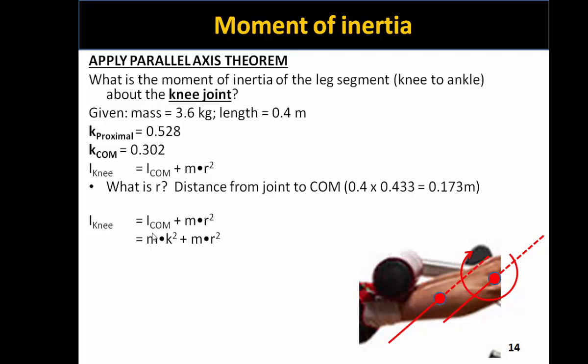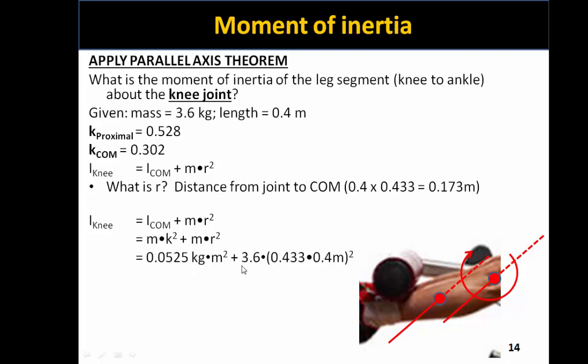We expand the moment of inertia through the center of mass to our previous formula, which was m times the radius of gyration with respect to the center of mass squared, plus mass times the perpendicular distance between the parallel axes squared. We had previously calculated the value about the center of mass in our first approach: 0.0525 kilogram meters squared.